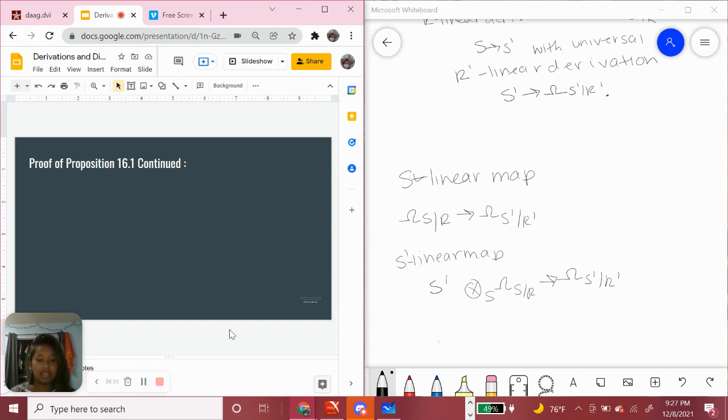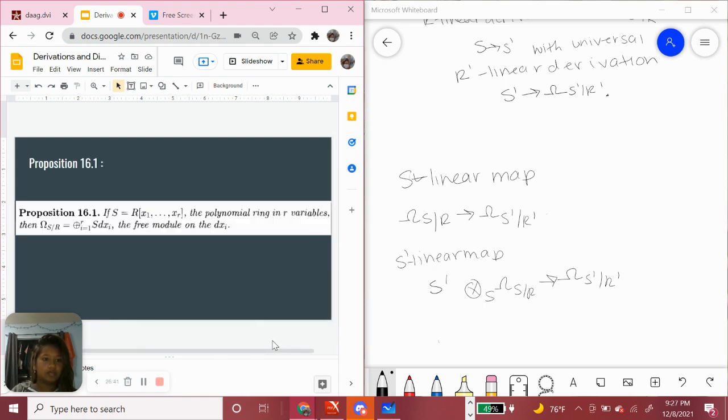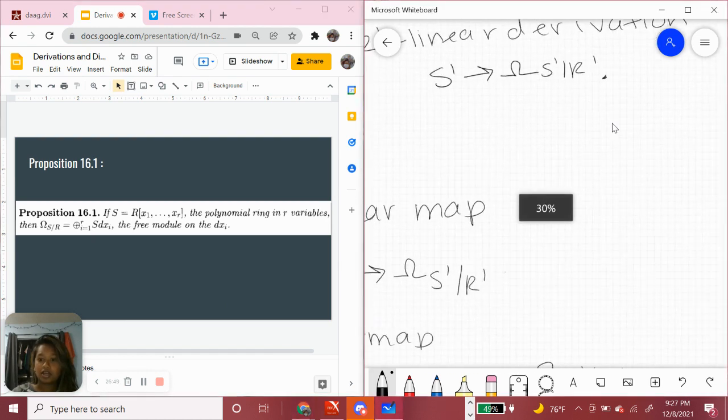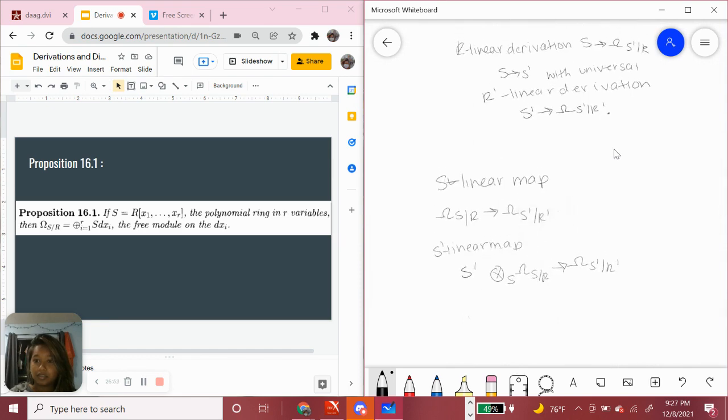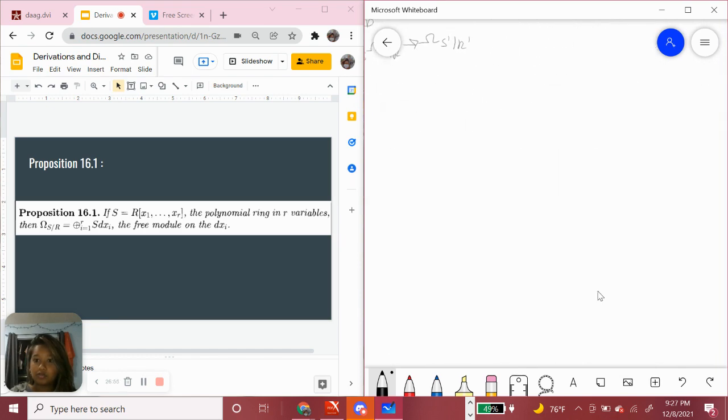We got through everything, because if we go back and look at the proposition over here, it says Omega S over R is equal to the direct sum. We had proven that a little bit earlier on here. Let's see if I can find it.